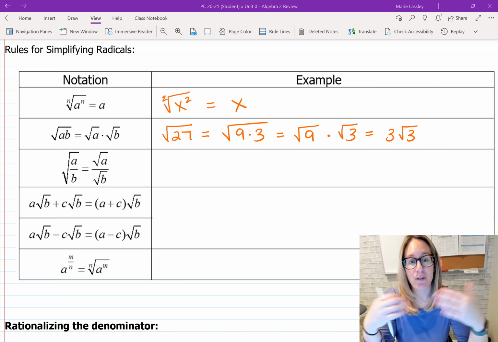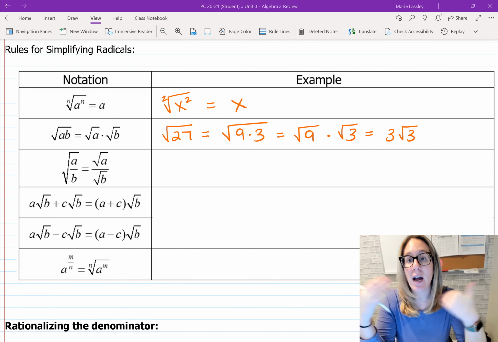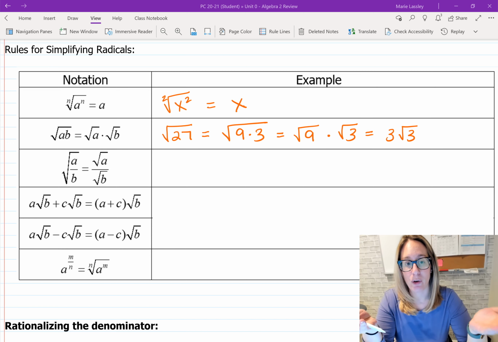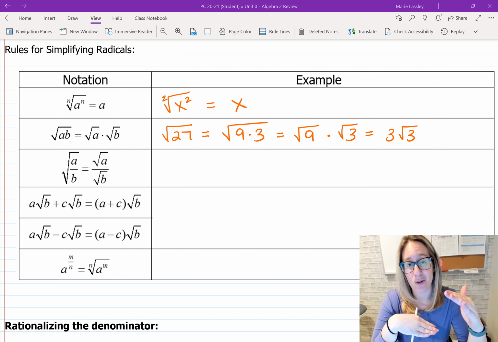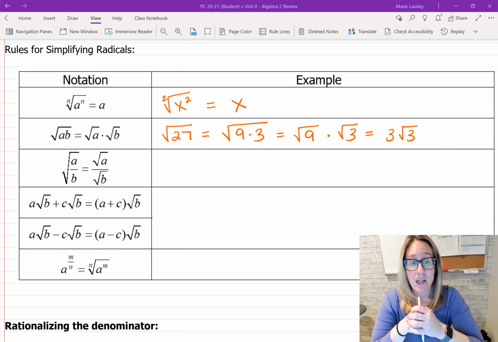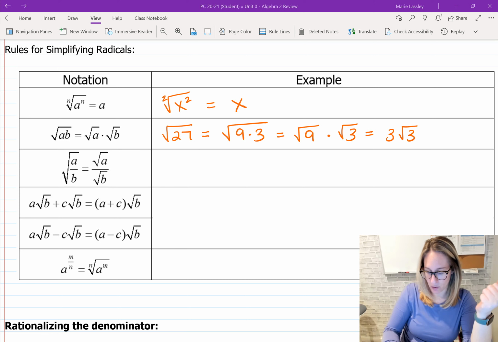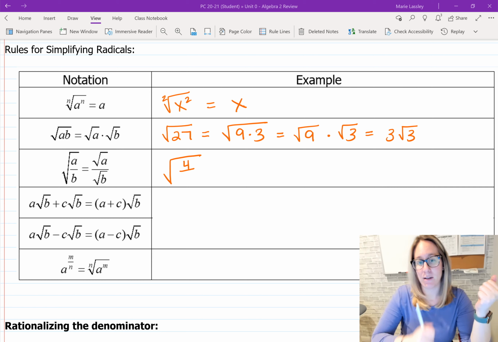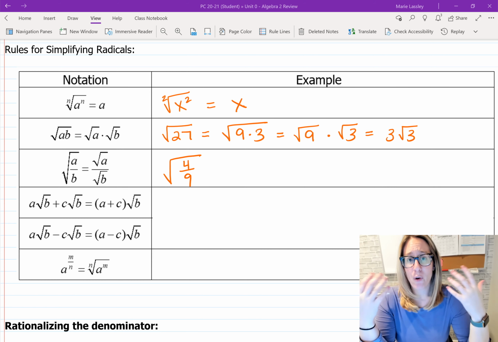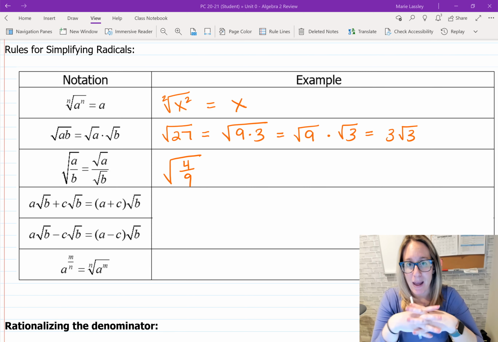All right, the next one is our division rule, and it works basically the same way. If you have one giant fraction underneath a square root, you are allowed to separate the numerator and the denominator into their own radical, like they have in that notation. Here would be a numerical example. If I had the square root of, say, 4 over 9, well, 4/9 itself, just as a whole, doesn't have a perfect square multiple in it.